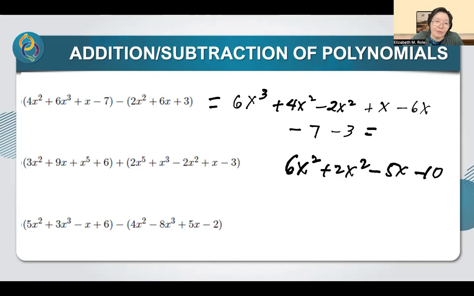Oh, but there's a 3x squared in the first polynomial. That's 3x squared minus 2x squared, plus x squared, yes, plus 10x plus 3. Okay. Let's wait for the others.